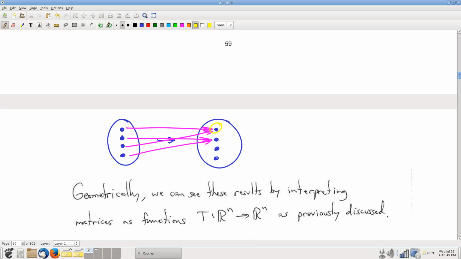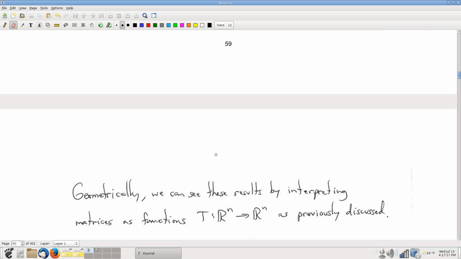Where does this go? Does it go to here, or does it go to there? So this point has too many preimages. This point over here has not enough preimages. So every point in the target has to have exactly one corresponding preimage in the domain. And the easy way that we describe this is with the words one-to-one and onto, and I won't go into the details of those words individually.